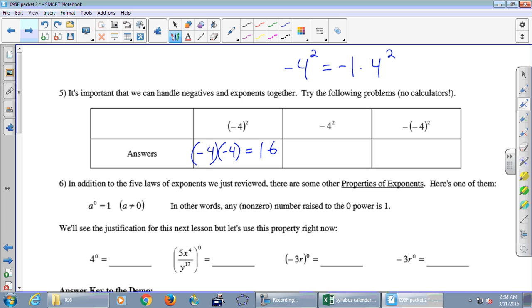Then exponents, and after that multiplication division. So which one comes first here, the multiplication or the exponent? Exponent comes first. And so this is saying -1 times, the multiplication is on hold. You do the exponent, 4 squared is 16, and then you finish with the multiplication and you get -16.